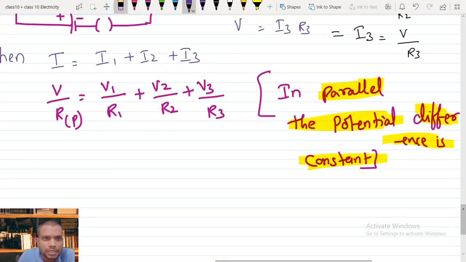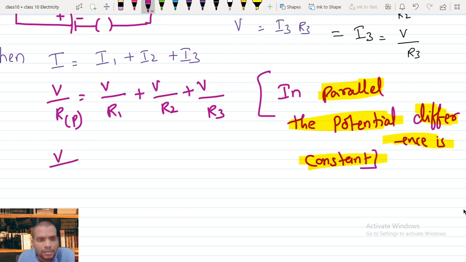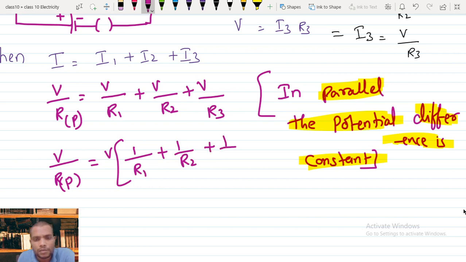So let me change it here too. V equals V1, V2, V3 all become V, and take V common on both sides. V over Rp equals, on this side you can pull V outside, V times 1 upon R1 plus 1 upon R2 plus 1 upon R3.